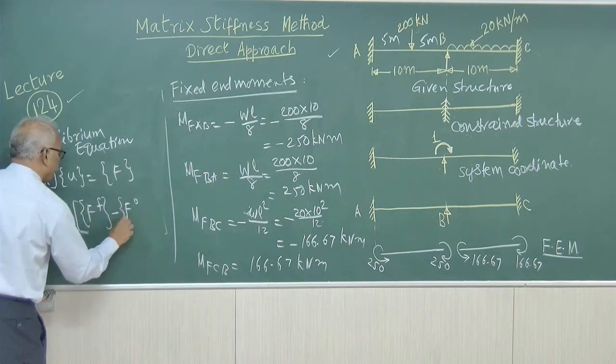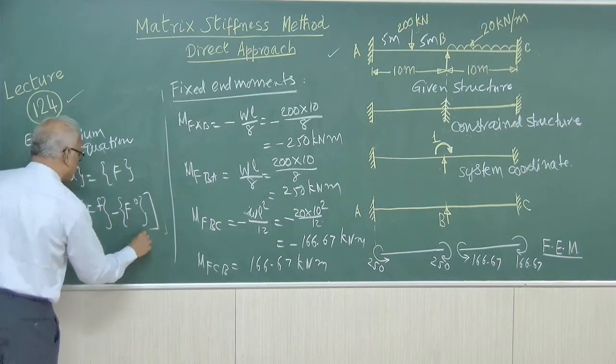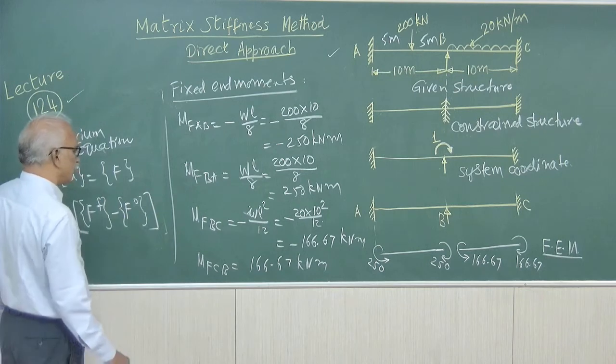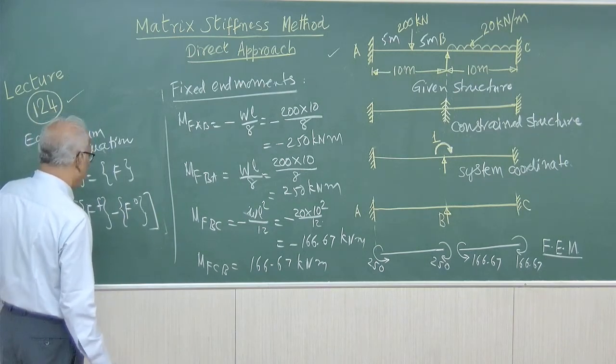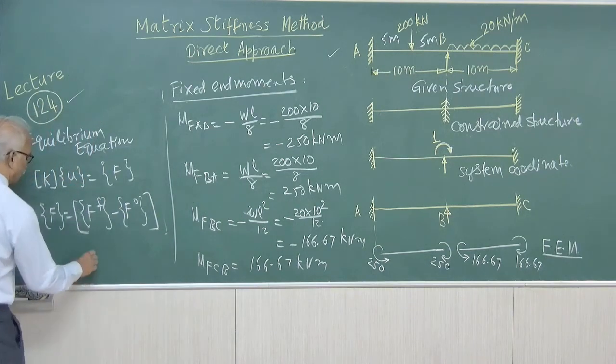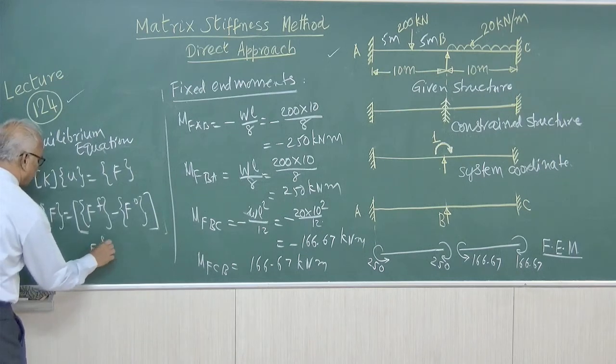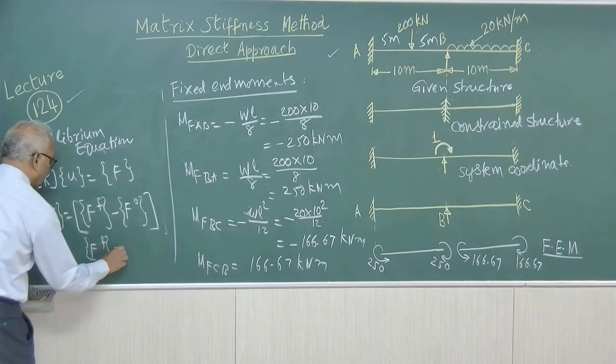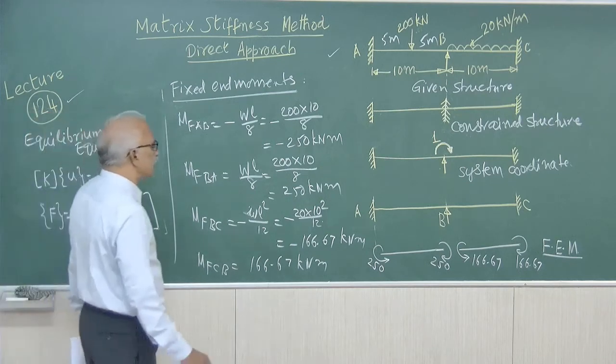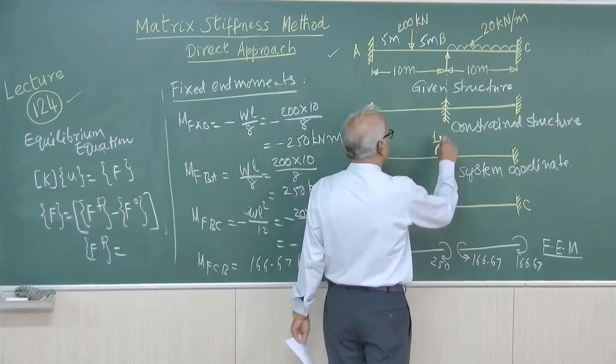F of F minus F naught, so that we have to find out. Now F of F means this is the system coordinate.